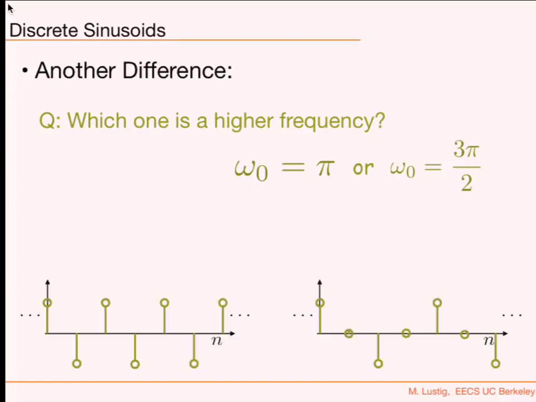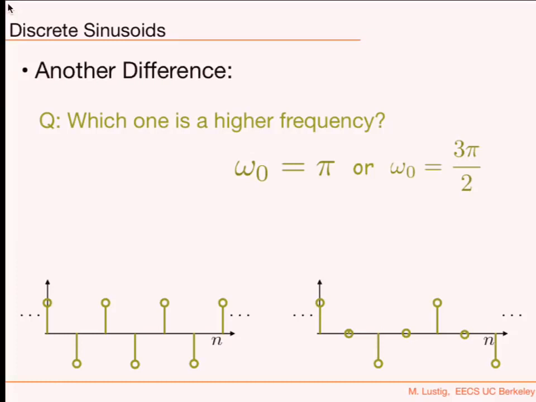All right, so let's draw this and see what happens. When omega 0 equals pi, then effectively you change every pi. You end up seeing 1, minus 1, 1, minus 1, and so on and so forth. When omega 0 equals 3 pi over 2, you get this.